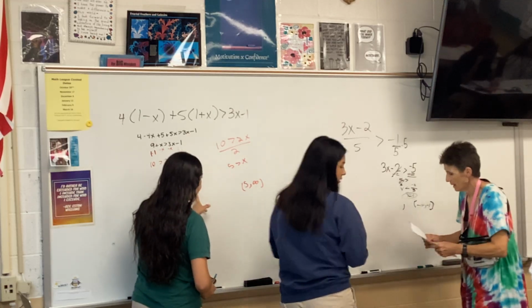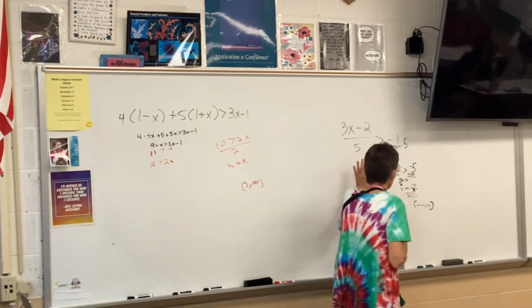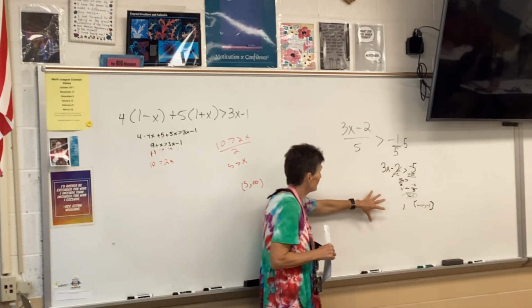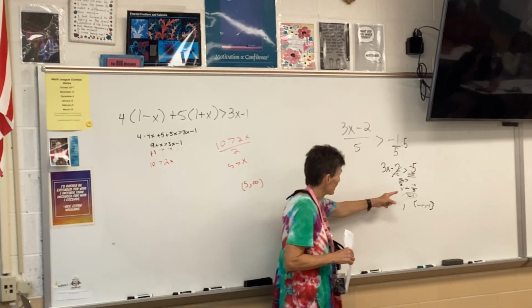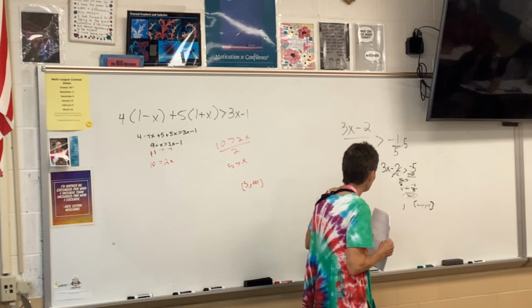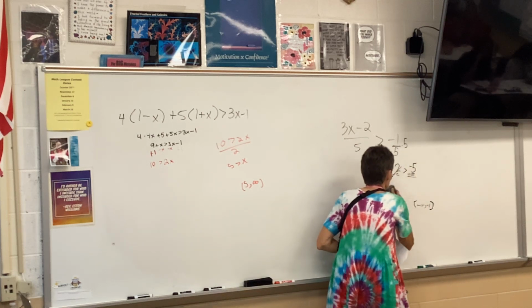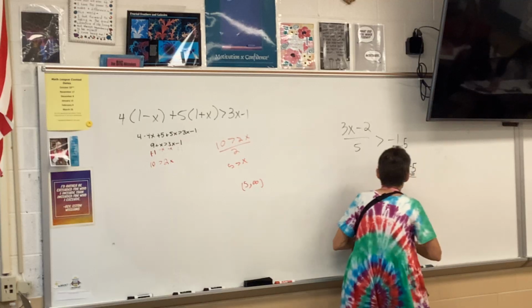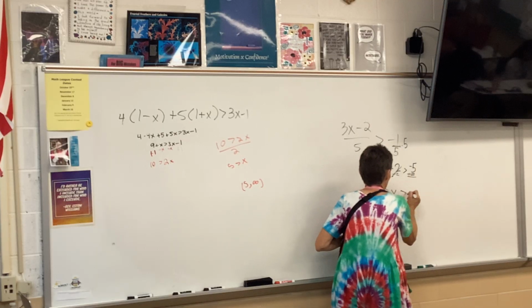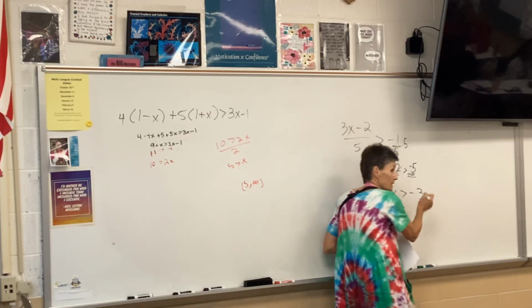All right, let's see what we got. So this one I watched, so I know this one's right. Notice they remembered to switch their sign because they, oh wait, no. We don't wanna switch our sign because guys, what did we divide by? You divided by 3.